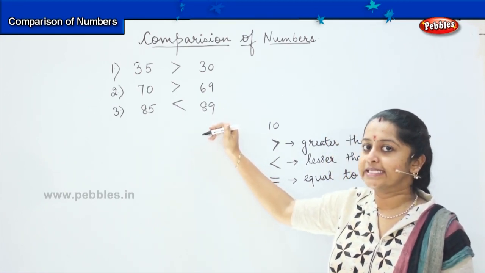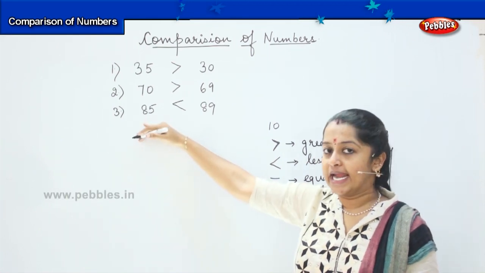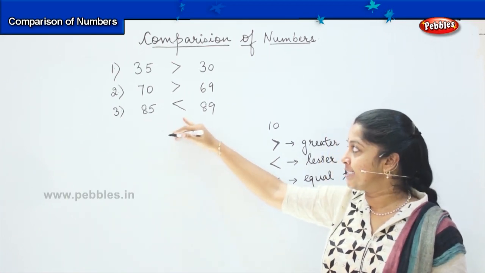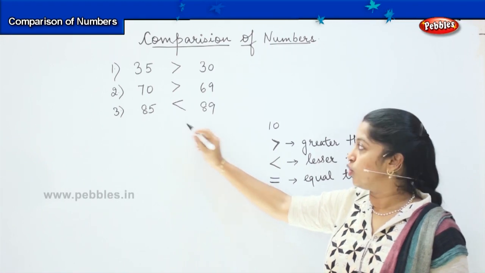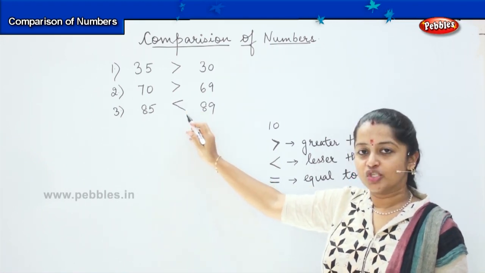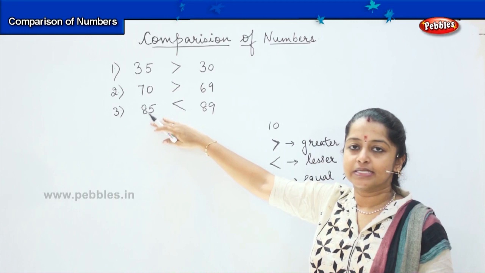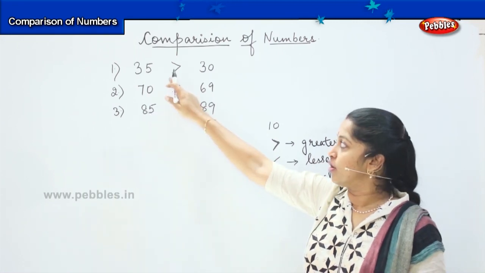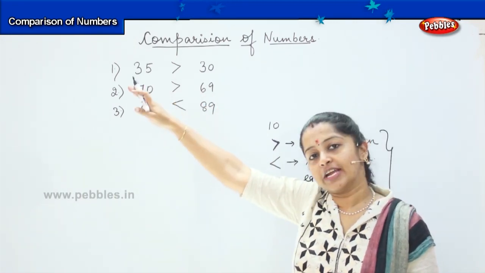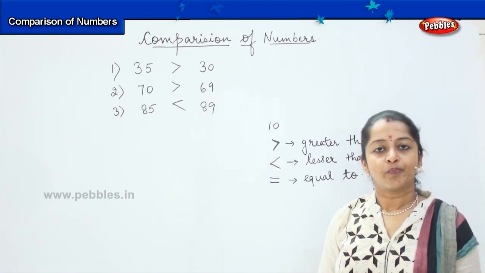In sentence form, you will say that 85 is lesser than 89. As I told you, if your symbol faces towards the right hand side, it means the number is lesser. And if your symbol faces towards your left hand side, it means the number is greater.